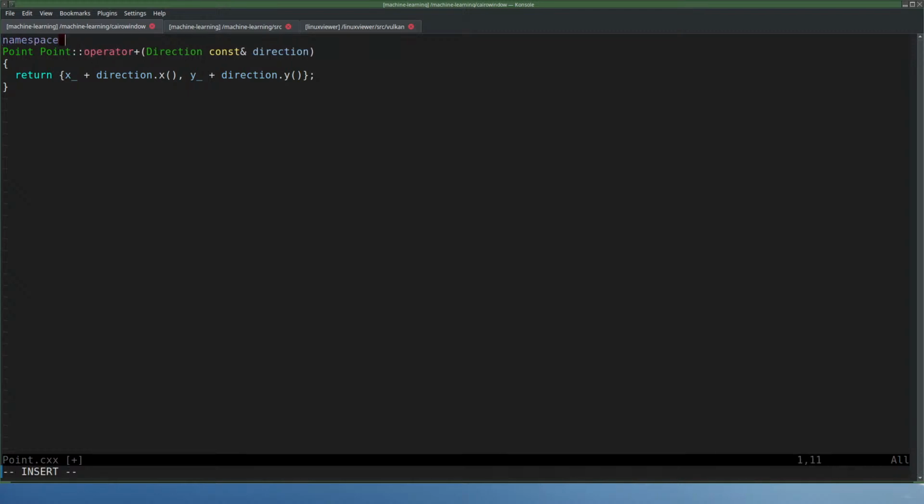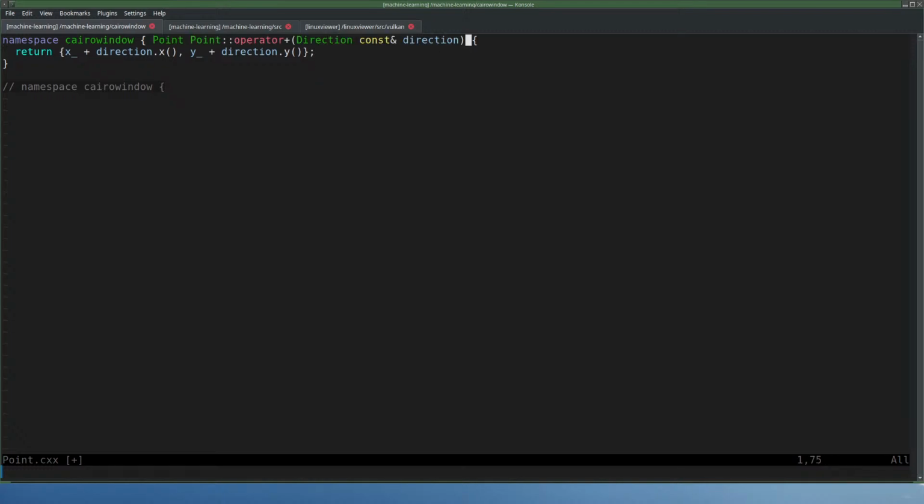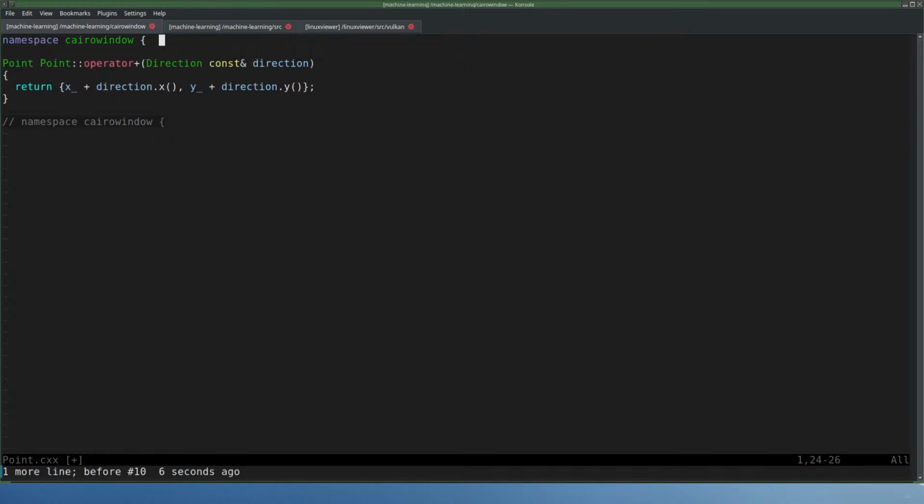Namespace of obviously cairo. What am I doing? What? Yeah. Okay, caps lock maybe? X11. Yeah, that helped. Except that I wanted to do this.